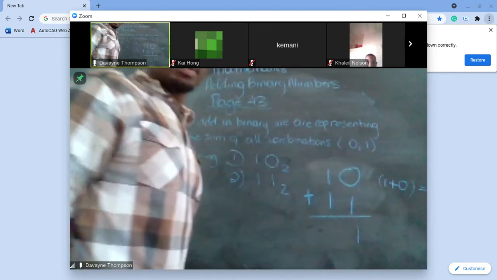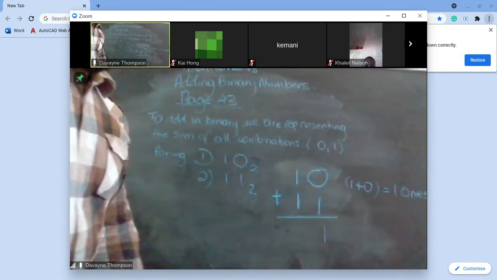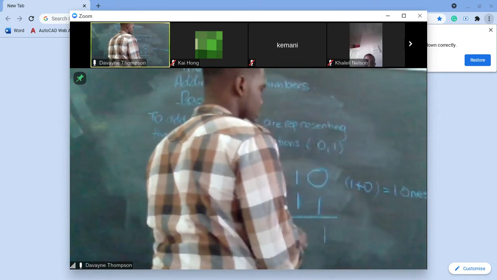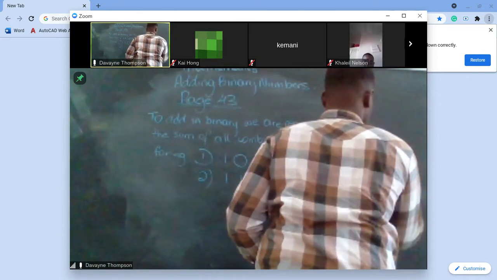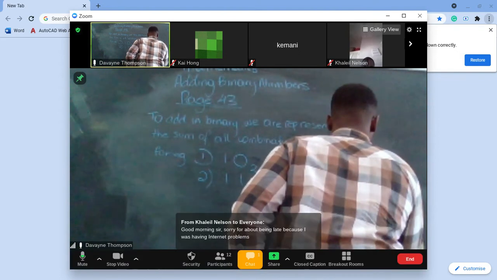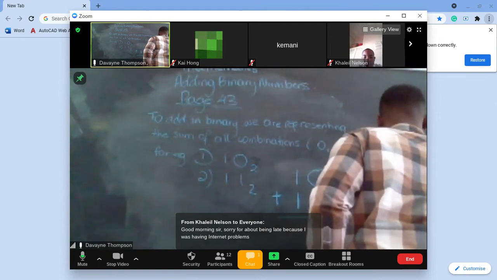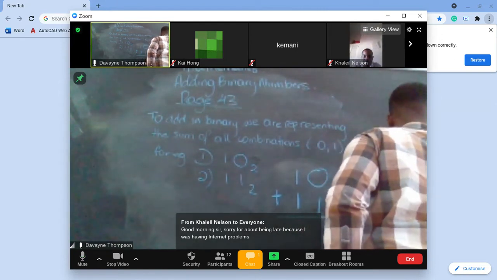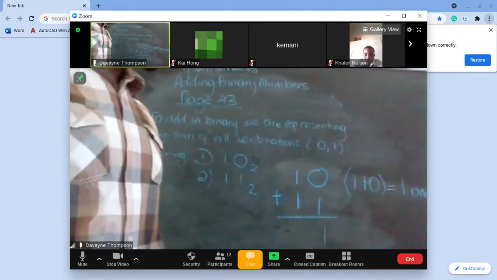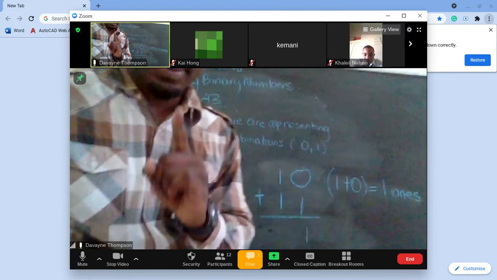Anybody remember that table? So write this over here for me: 1 plus 0 equals 1 ones. So that's why we have a 1 right here, because it gives us 1 ones.